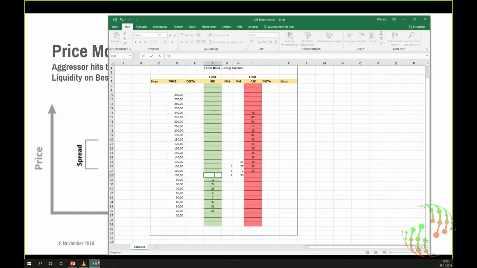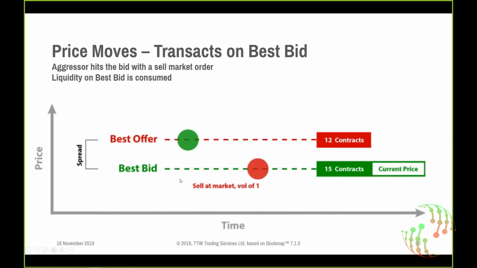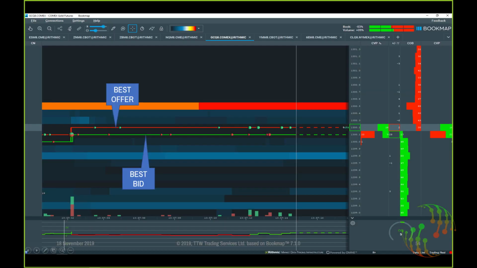The contracts are indicated either by numbers or, as you will see in Bookmap, like bullets or dots. And you will see in the limit order book exactly what is traded. That's the expression in Bookmap. You know that that's the best offer and it's the best bid.